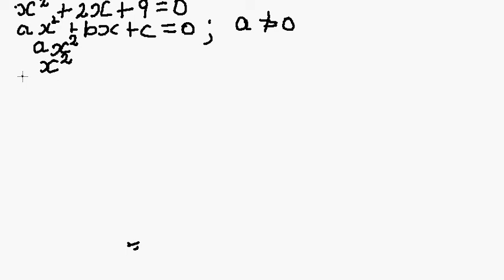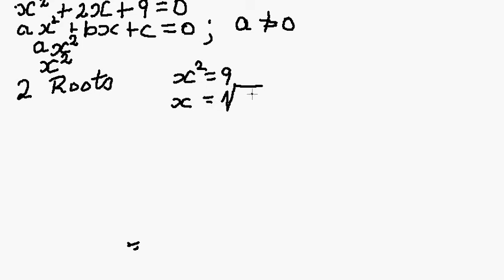To solve a quadratic equation means finding the roots of the equation. And every quadratic equation will have two roots. Because if you consider something like x squared equals 9, then x would be equal to the square root of 9.